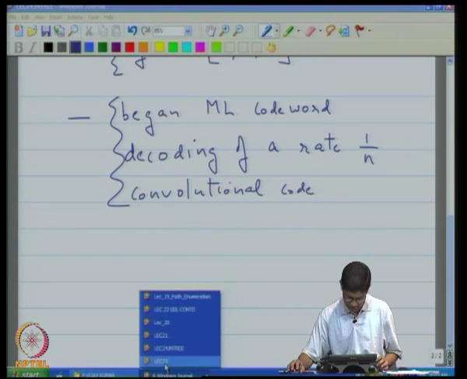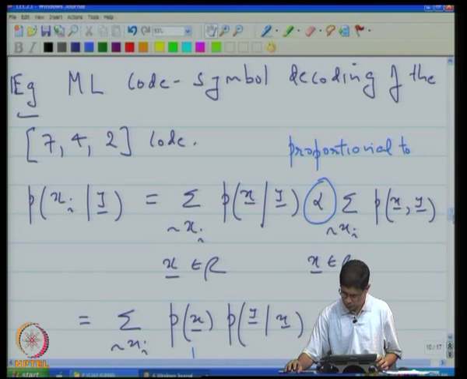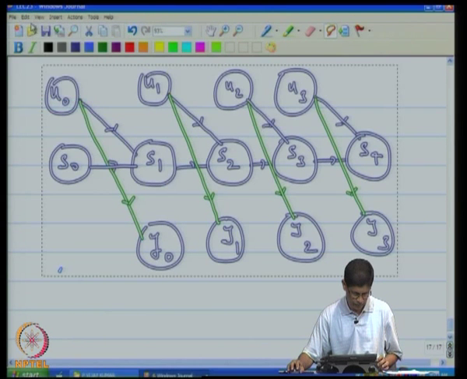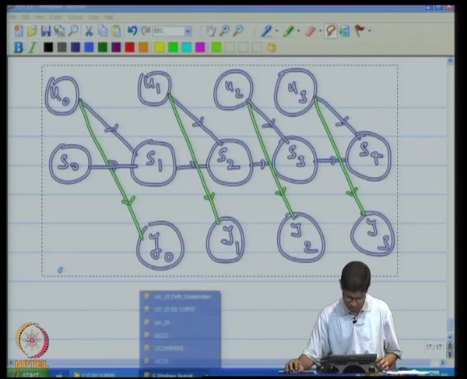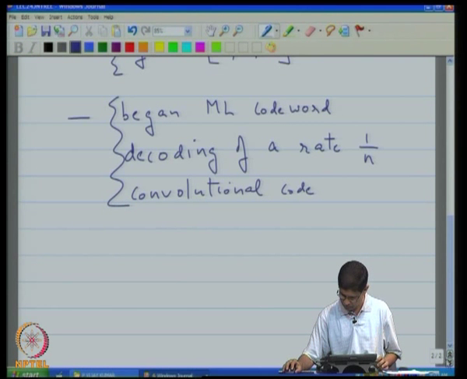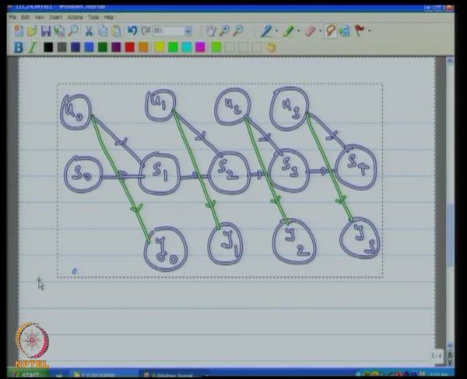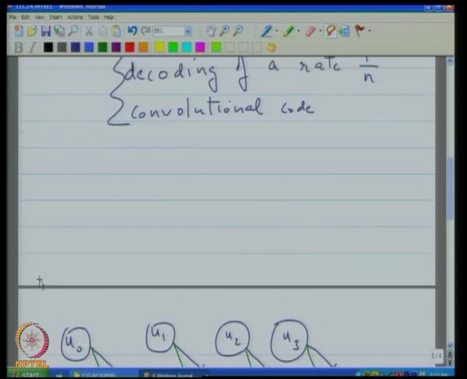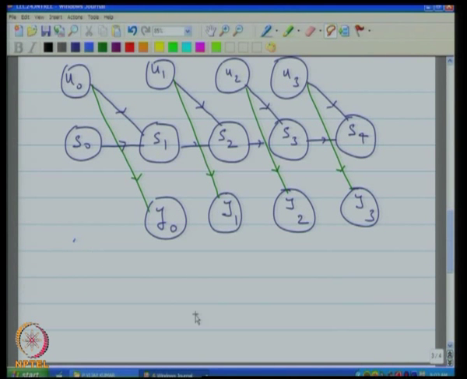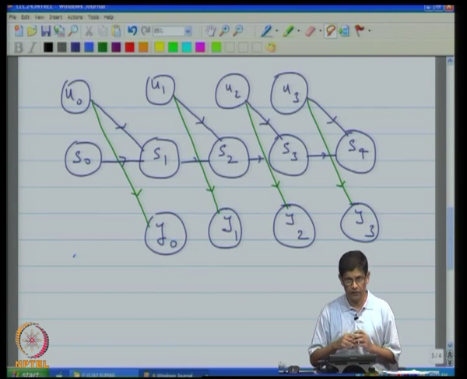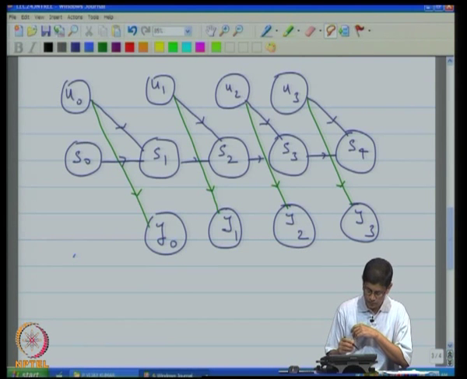So, let me as a starting point pull up more or less the last slide from the last lecture. We will take this and copy it over. Okay. Here I am looking at a convolutional code with a small number of information symbols.